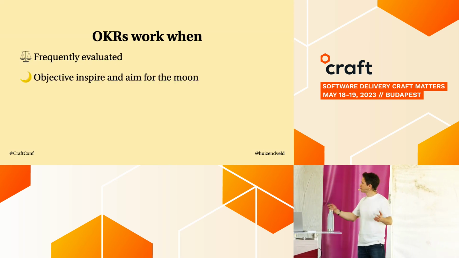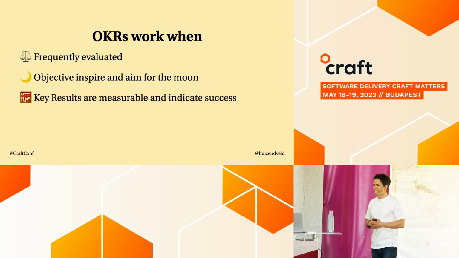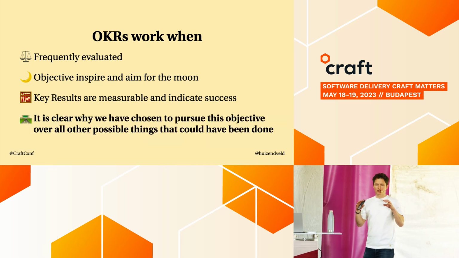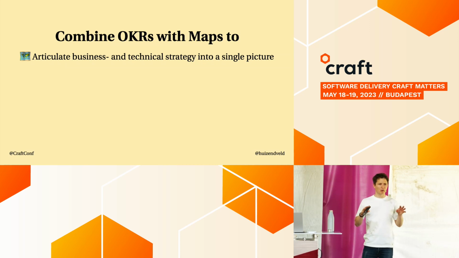The objective should inspire, and it should aim for the moon. The key results are measurable, and they indicate success. And it's clear why we have chosen one objective over all of the other possible things that we could have done. Combine OKRs and Wardley Maps to articulate business and technical strategy in a single picture, right?